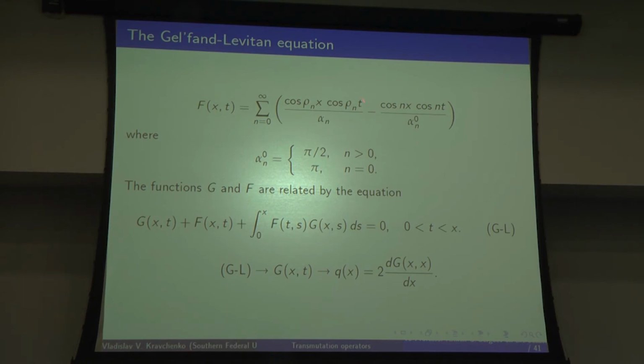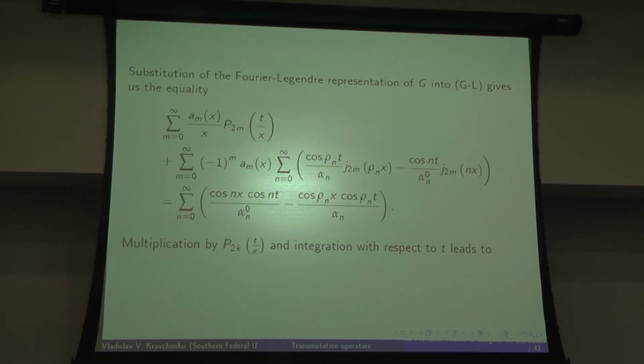G is related with f through this Gelfand-Levitan equation. This is also very well known. So what we do, we put our representation for G in this equation and see what happens.